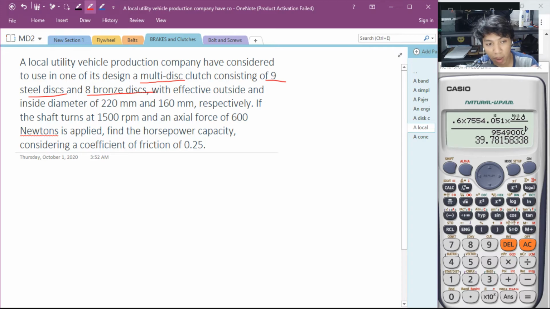So meron ka mga pares-pares dyan with effective outside and inside diameter of 220 millimeters and 160 millimeters respectively. If this shaft turns at 1,500 RPM and an axial force of 600 newtons applied, so you have FA already, find the horsepower capacity.